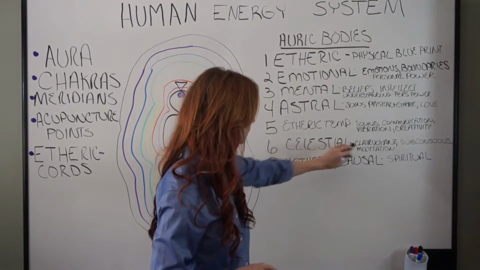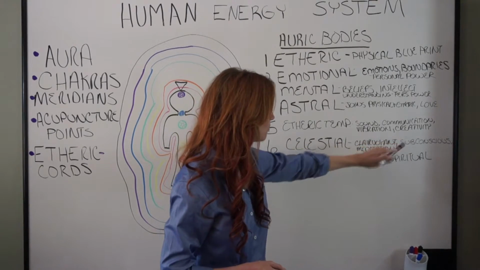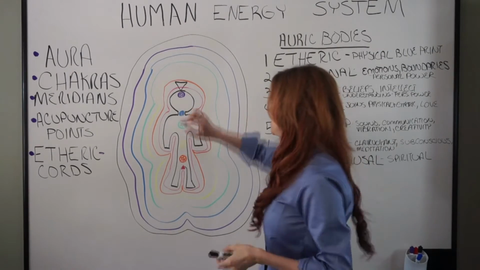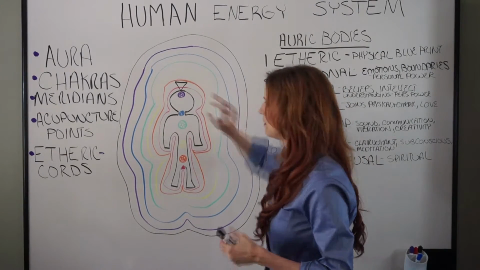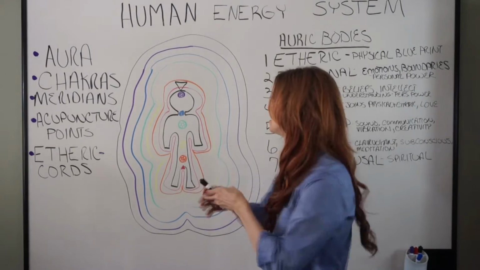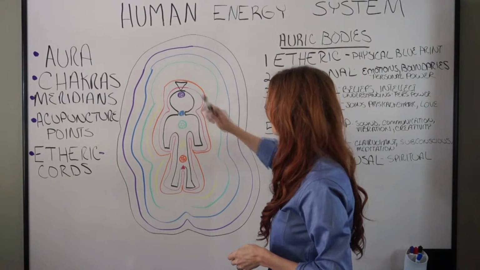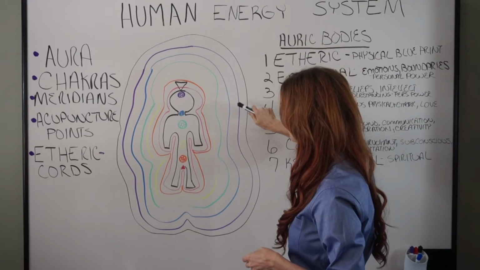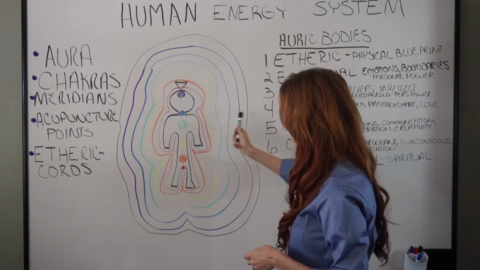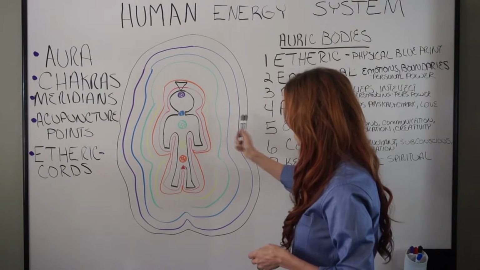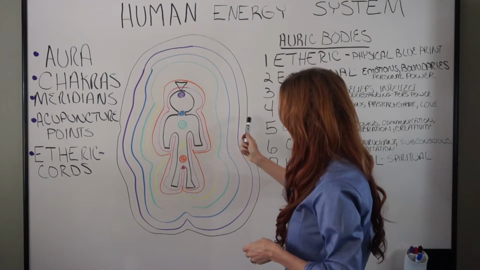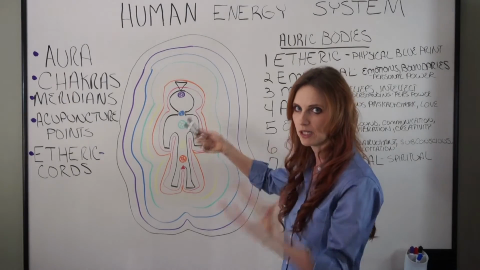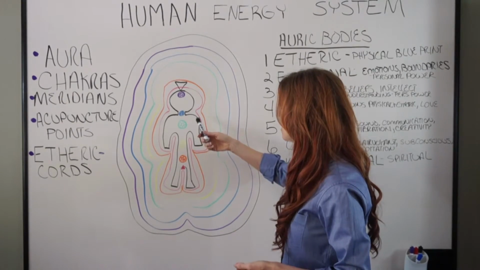So celestial: clairvoyant, subconscious, meditation. Whenever people meditate, they tend to focus on this center, the consciousness or the subconscious center. That's the third eye chakra, and it's way out here. So the vibration is finer out here. As you move from the outside to the inside of the aura, the further in you go, the denser it goes, which makes sense because our physical body's here, and that's what you can see and touch and all of that good stuff.